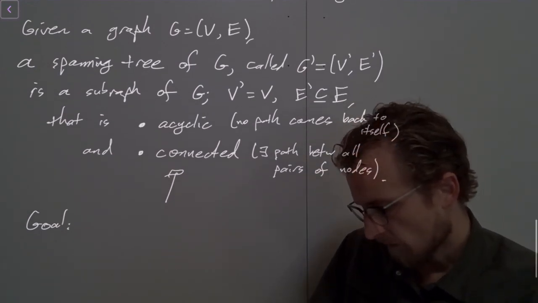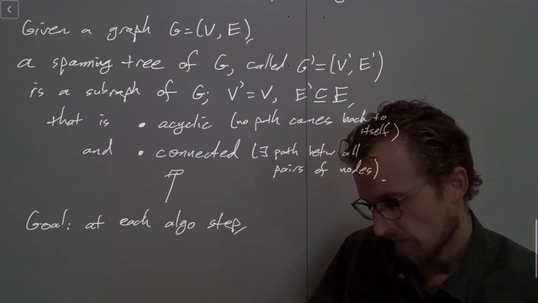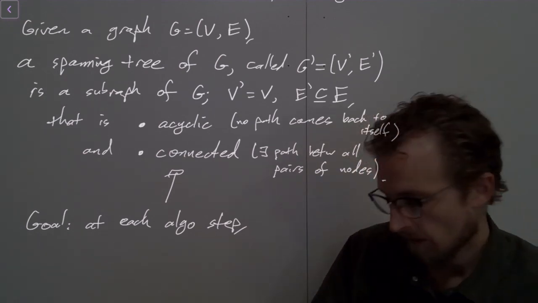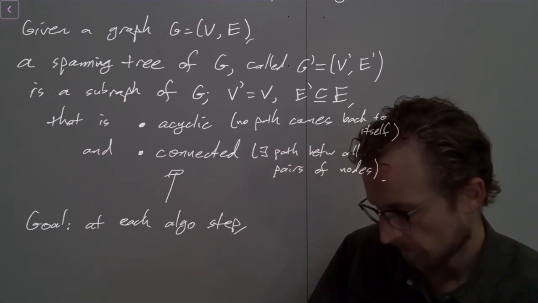So at each algorithm step, we'll add one more node to a spanning tree in such a way that that new node expresses a new shortest path.